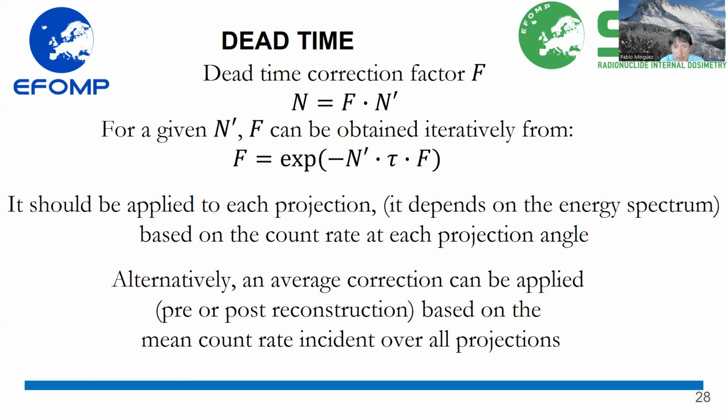But this cannot always be applied. An alternative simplification of this correction is to perform an average correction to the reconstructed image, normally to the post-reconstructed image and not before the reconstruction. It's based on the mean count rate incident over all projections.